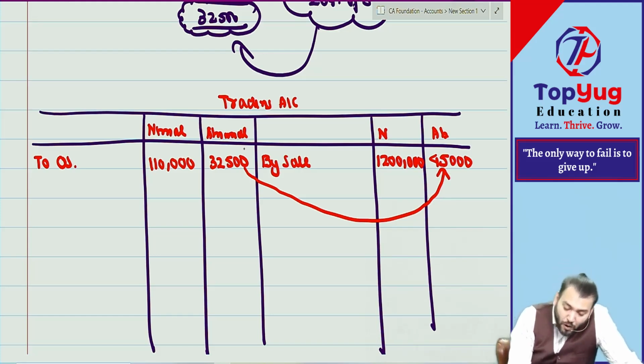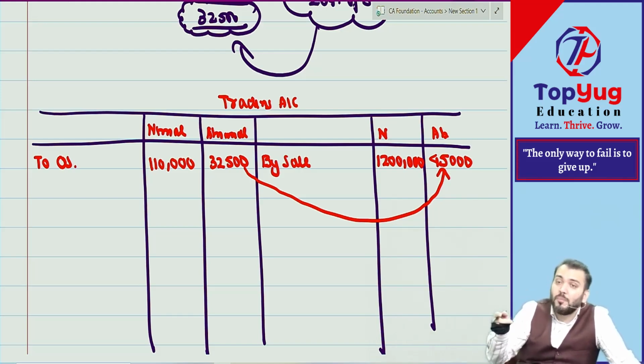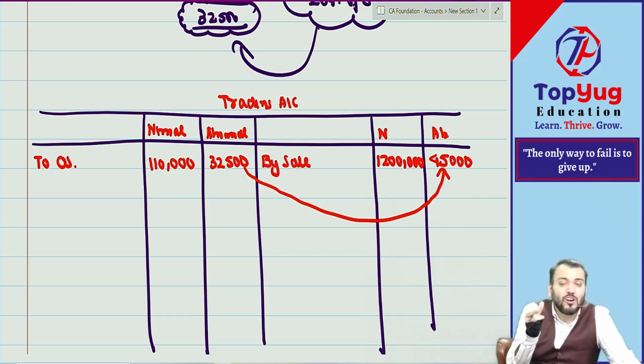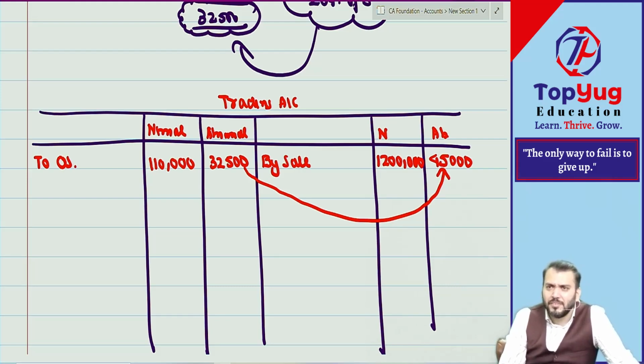Can I say all abnormal item has been sold during the year? What is the closing stock of abnormal item? Tell me what amount. All abnormal item has been sold during the year. What is the closing stock of abnormal item?